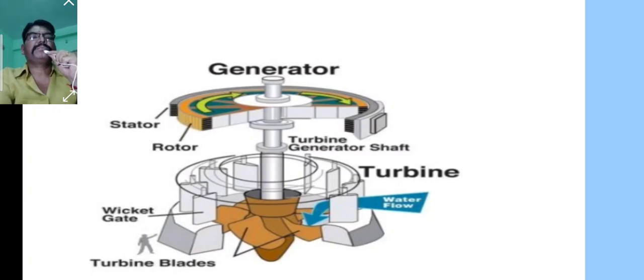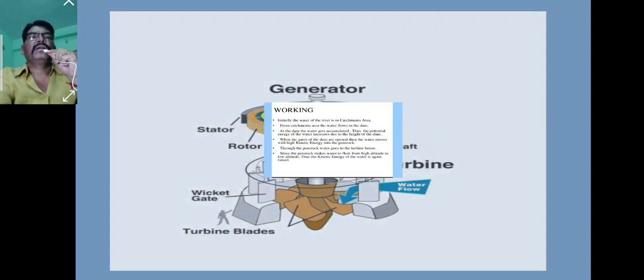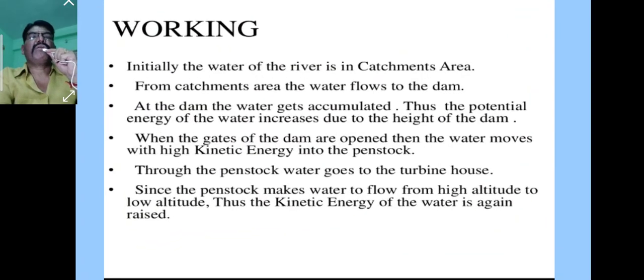Now the next, the working of the TG set. Initially, the water of the river in the catchment area flows to the dam. At the dam, water gets accumulated. The potential energy of the water increases due to the height of the dam.